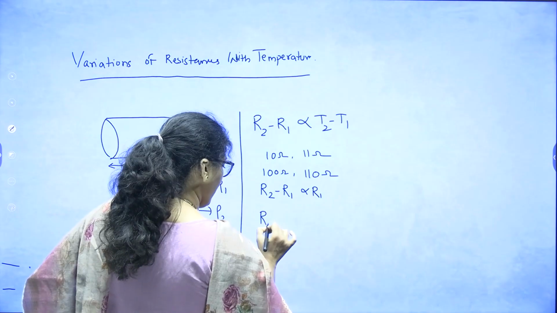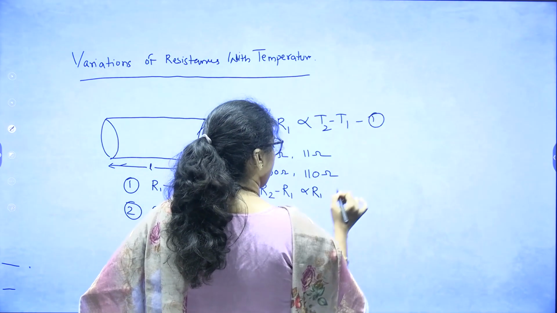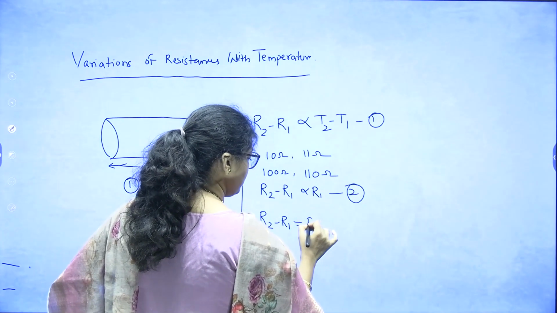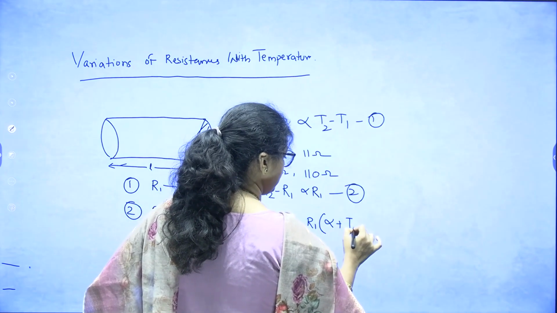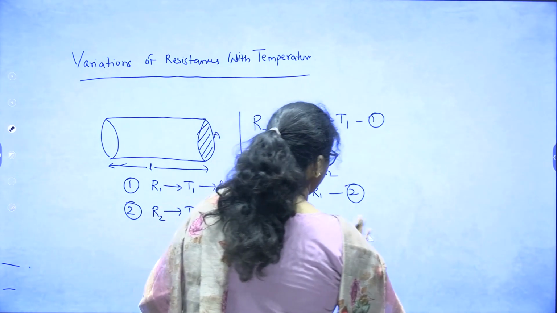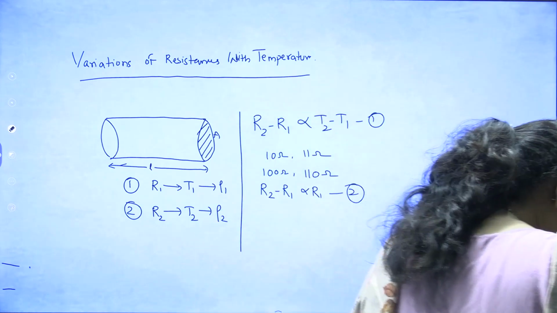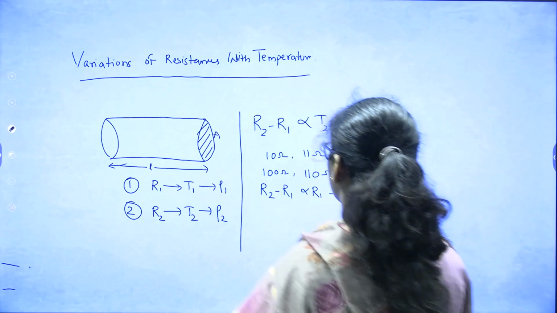From equation 1 and equation 2, I can write R2 minus R1 is directly proportional to R1 into T2 minus T1.